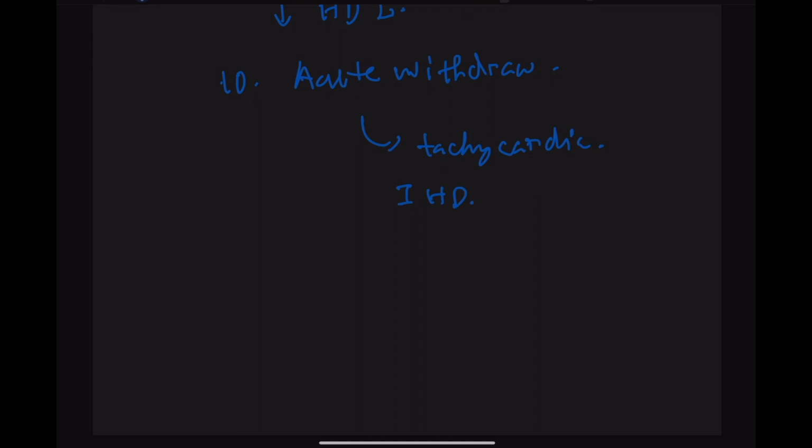Why does this happen? Because if the person is chronically using the beta adrenergic antagonist, there will be beta receptor upregulation on the heart.